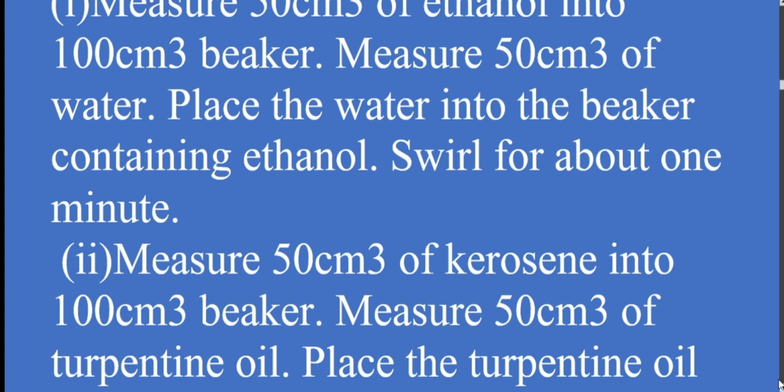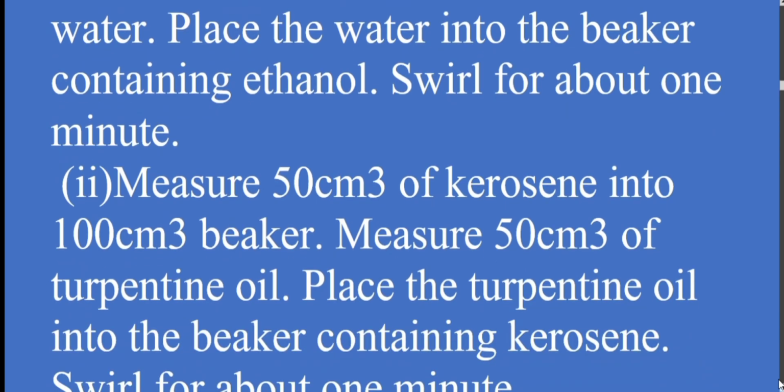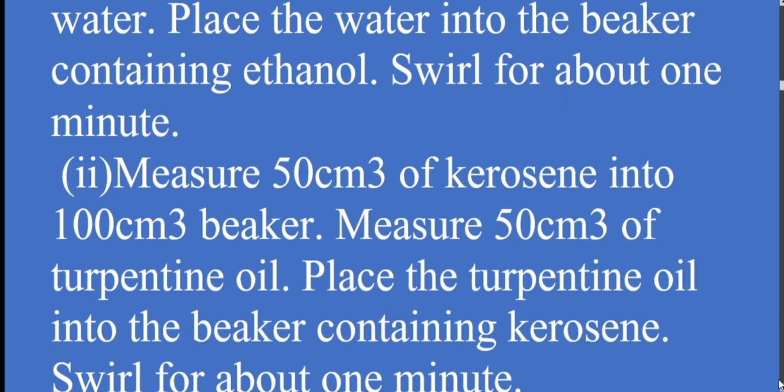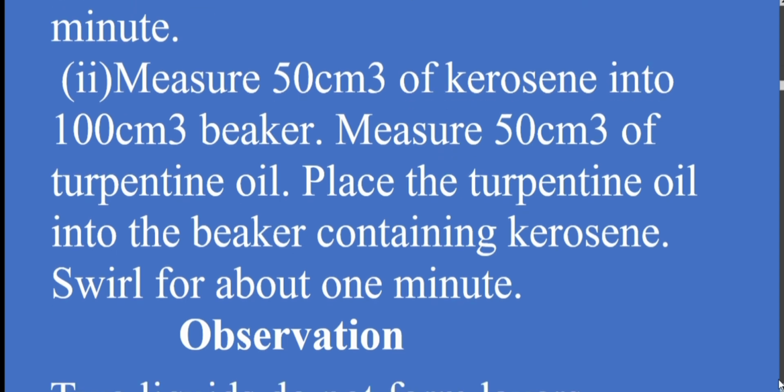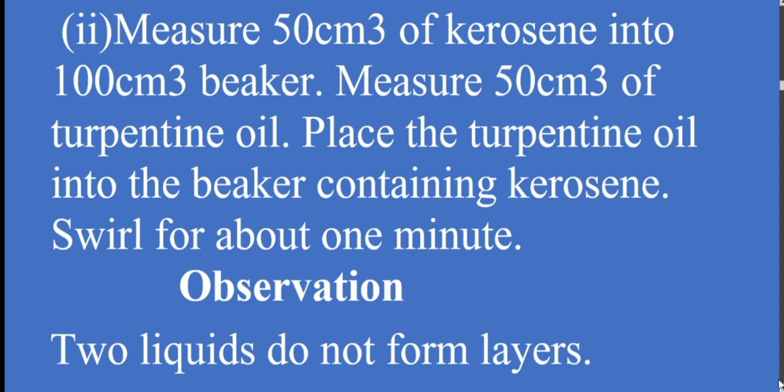Then experiment 2, we measure 50 cubic centimeters of kerosene, also in a 100 cubic centimeter beaker. Then we measure about 50 of turpentine oil and place it into the beaker containing kerosene. Then we also swirl for about 1 minute.